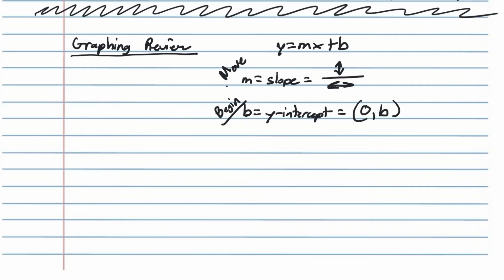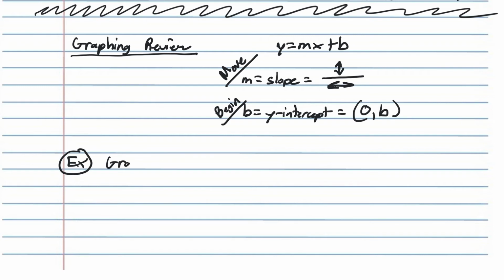So begin and then move. So you always start off with b. That gives you the first point. And then the m is telling you how to move to your second point. And then we only need 2 points and we're done. Okay? So just one quick example. Again, hopefully after you see it once, you'll remember how to do it. Spent a lot of time on this before.